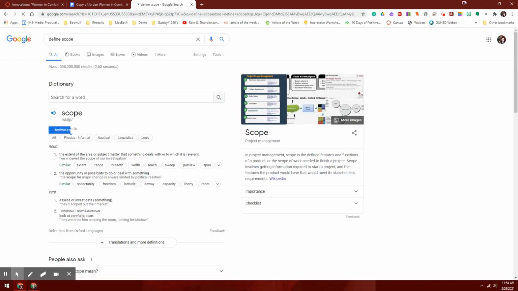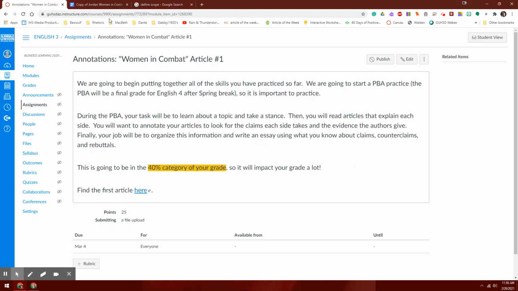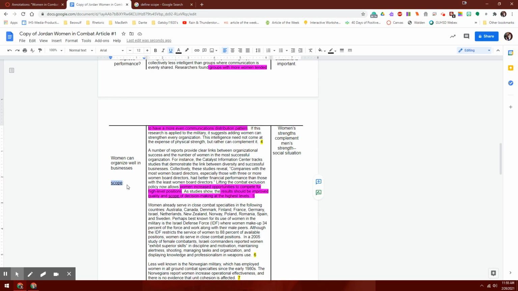Okay, so scope means the extent of which something is relevant. Okay, so we're going to say, the amount something is necessary or important. So what we're saying here is that women in business positions give higher quality and they have more influence with decision making.